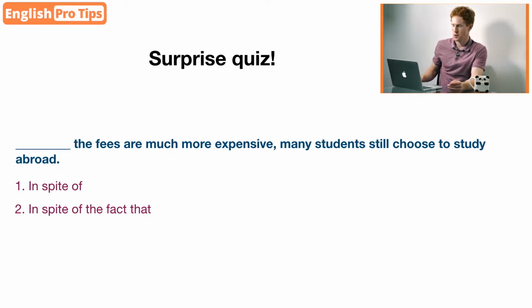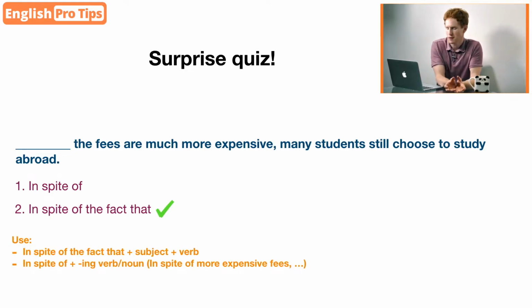Well, in this case, we use in spite of the fact that. We use in spite of the fact that when we have a subject and then a verb afterwards. But we use in spite of when we have an ing verb or a noun. So we can say in spite of more expensive fees, or in spite of the fact that the fees are much more expensive.